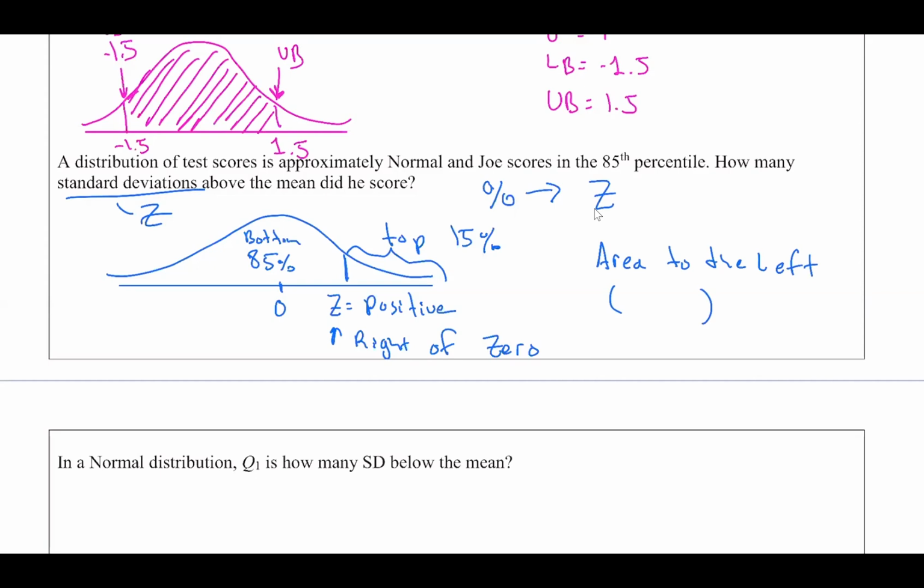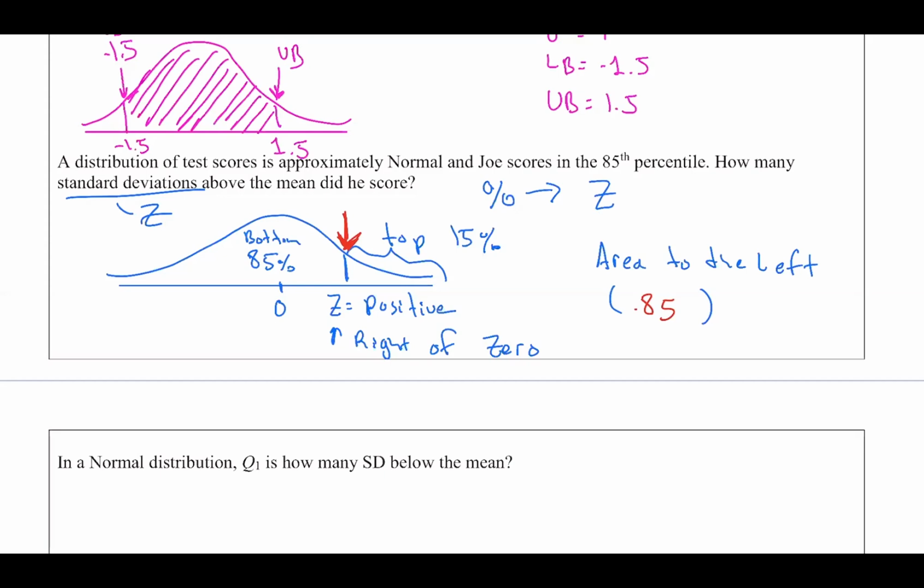So if you look at this little line that I did right here, what's the percentage to the area to the left? 85. Yeah, 85. So in class calc, you have to make sure that you say 85. If you put 0.15, it's going to give you a different answer. So you just know, always give it the area to the left.